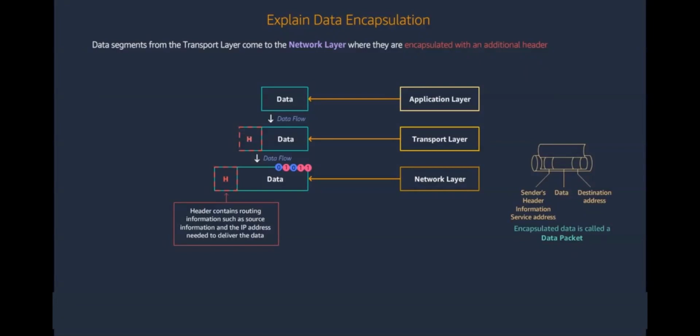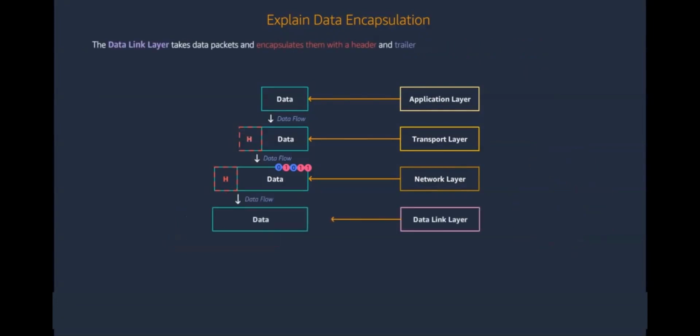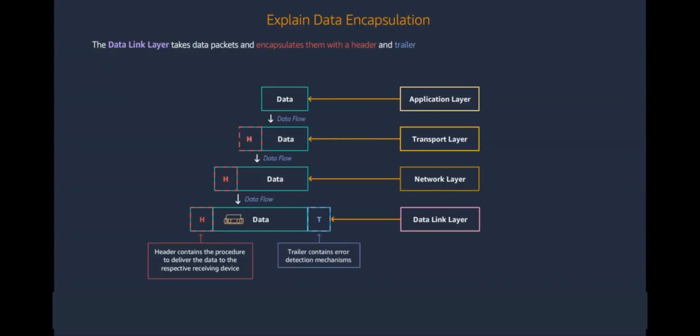The data link layer takes data packets and encapsulates them with a header and trailer. The header contains the procedure to deliver the data to the respective receiving device, and the trailer contains error detection mechanisms. The encapsulated data at this stage is called a data frame.